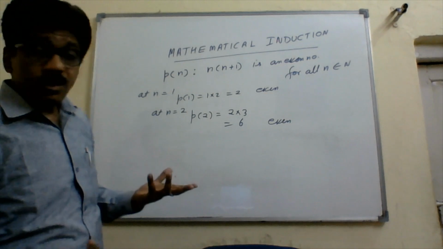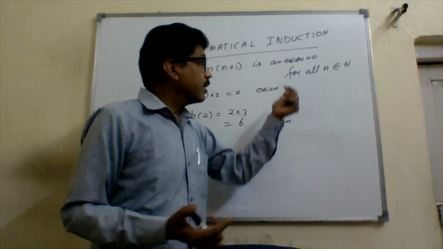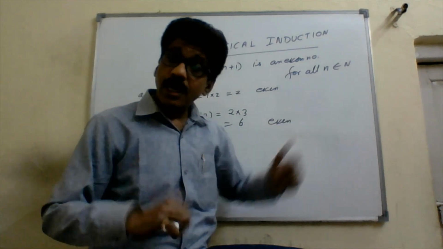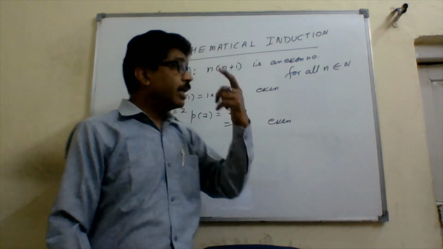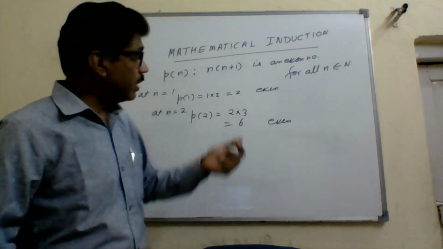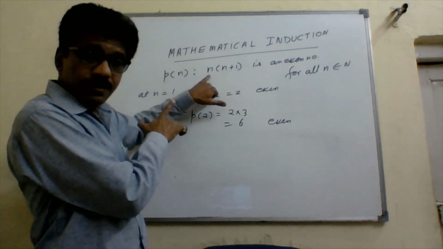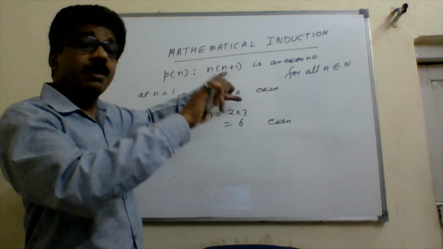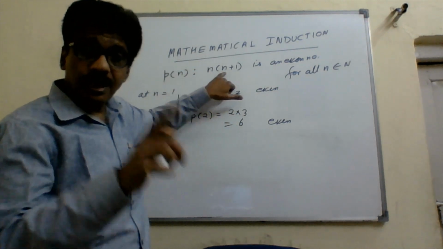Now, the other possibility is that n is an odd natural number. Then n is odd, but in that case n plus 1, an odd number plus 1, always gives an even number.